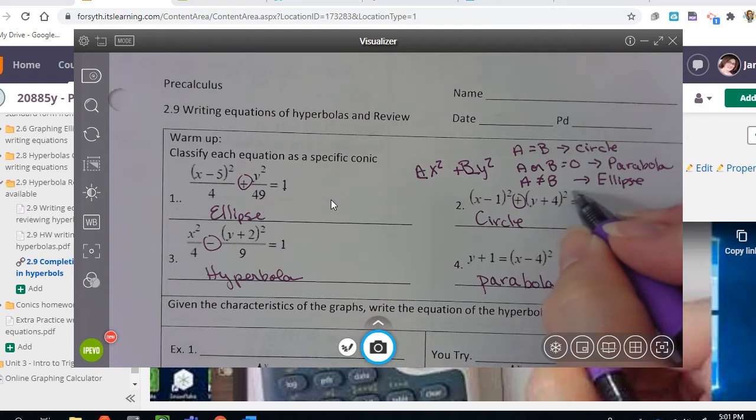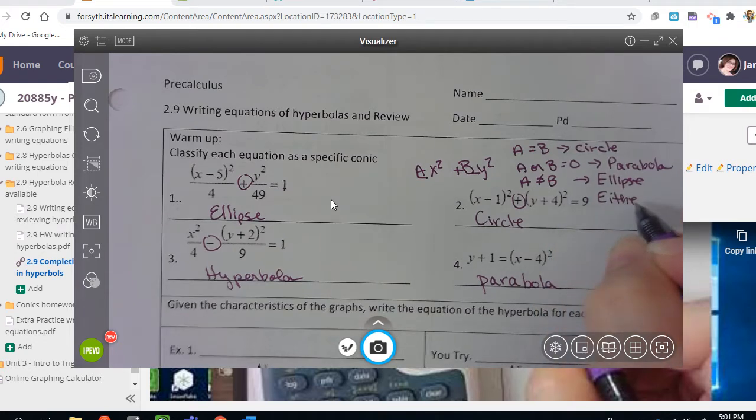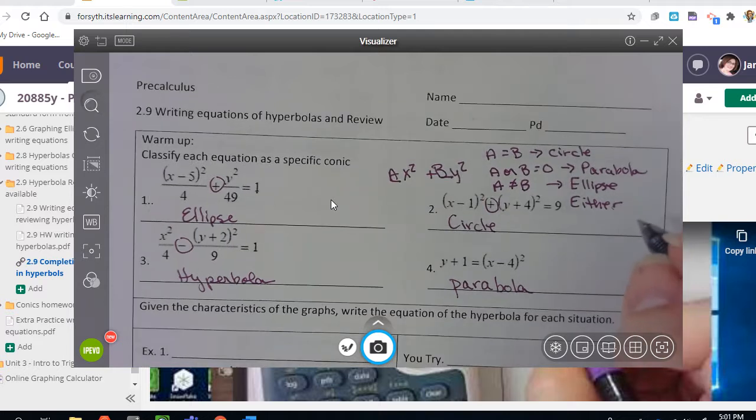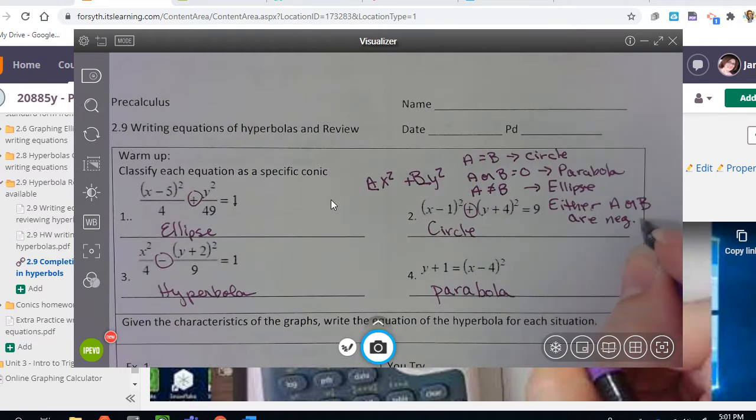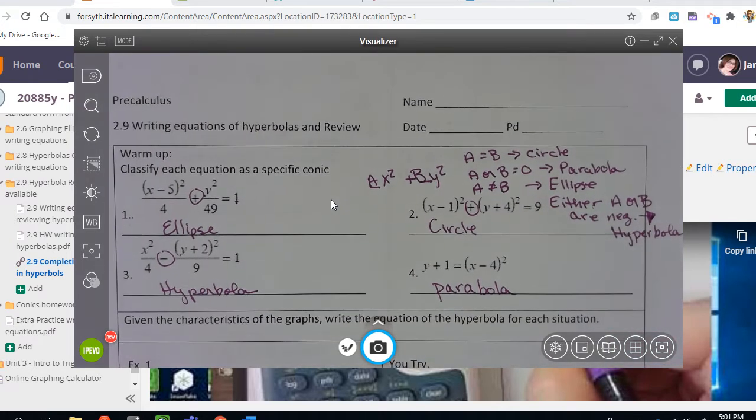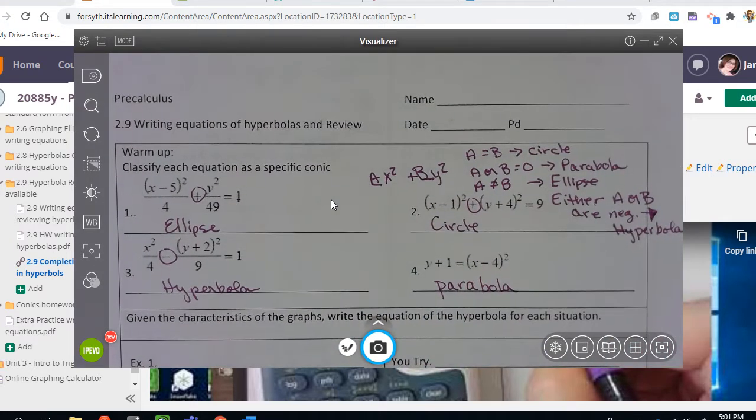And if either a or b are negative, then it's a hyperbola. Hyperbola. Okay? Just so you know, that's the shortcut of it.